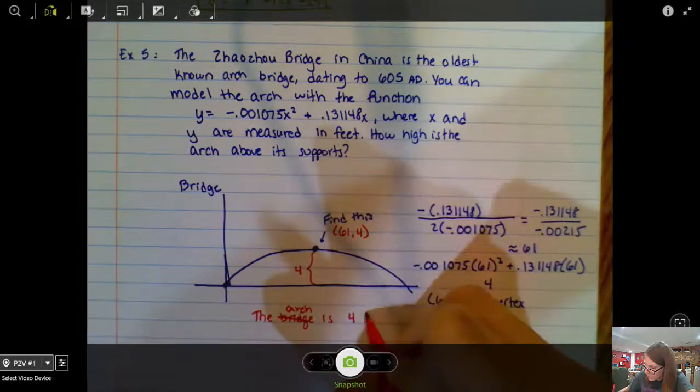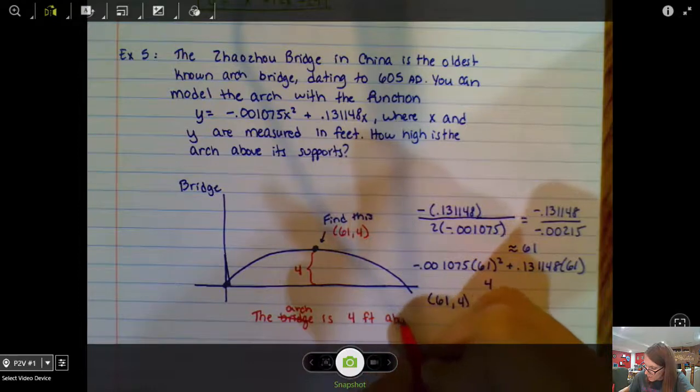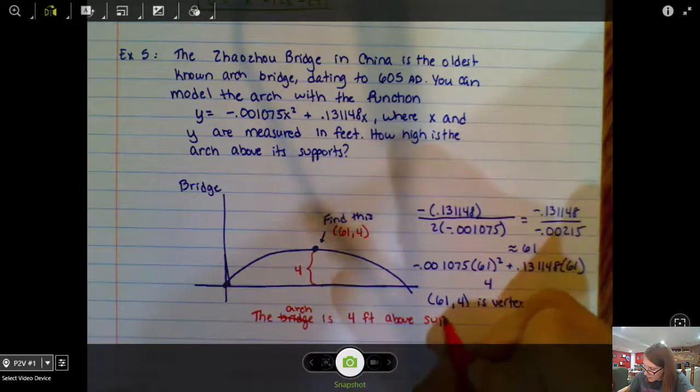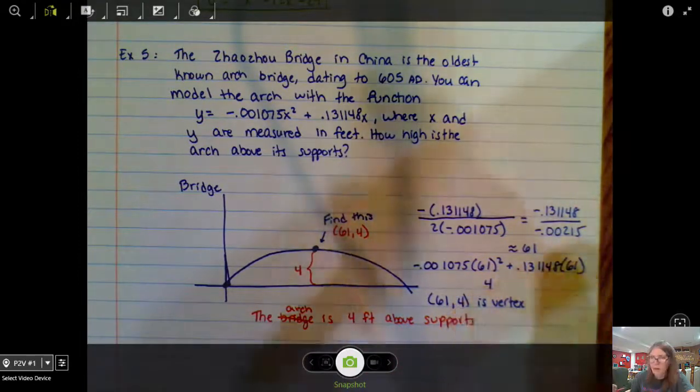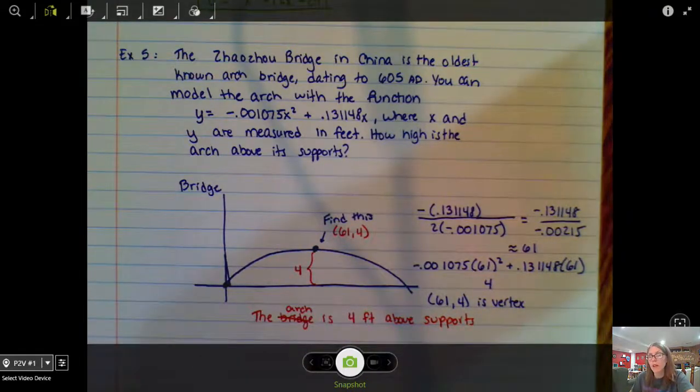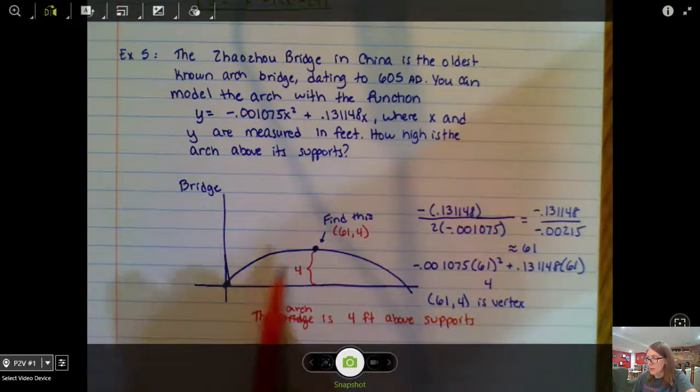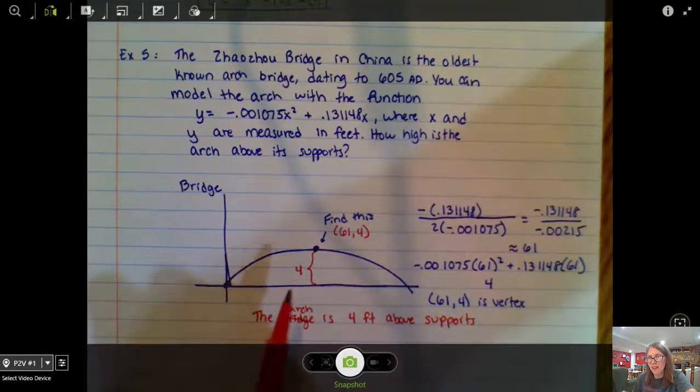The arch is 4 feet above the supports. We could also figure out that the highest point of our bridge is 61 feet along in the horizontal direction, which means if it's 61 feet here and 61 feet here, our bridge is 122 feet long total.